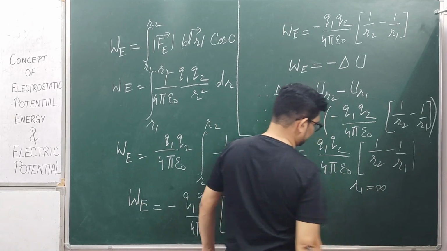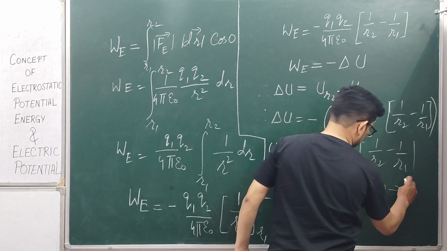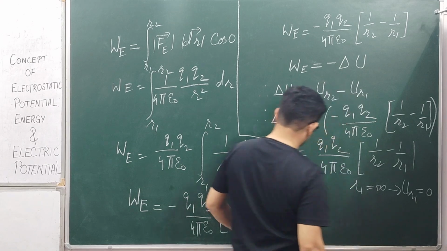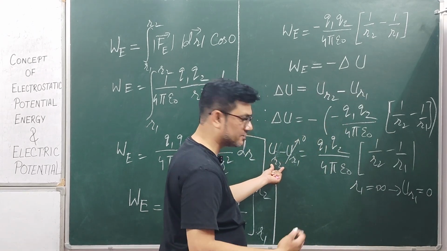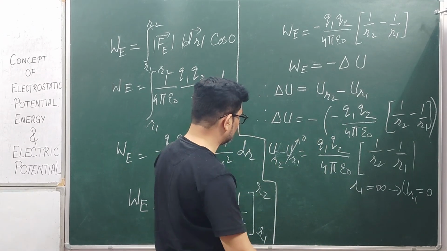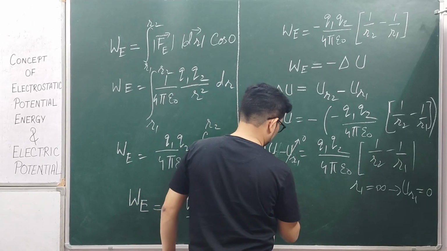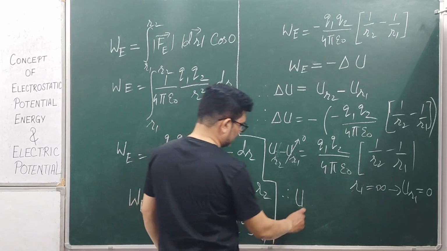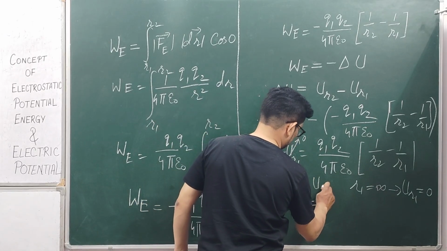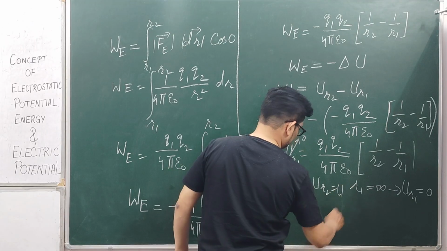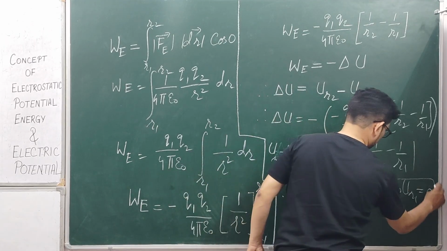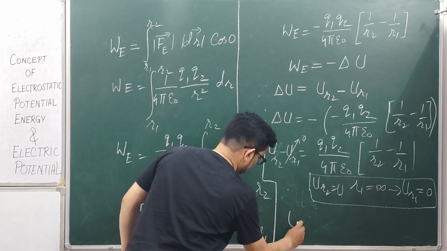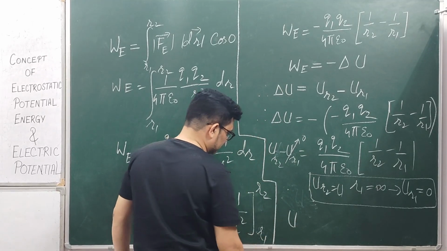is at infinity, then U at R1, the potential at this position, is equal to 0, and UR2, let us generalize that, the final one, as UR. So we can write therefore U at any position R is equal to, and suppose we take UR2 as equal to U. These are a few assumptions that we take here, so we'll get the potential energy expression.